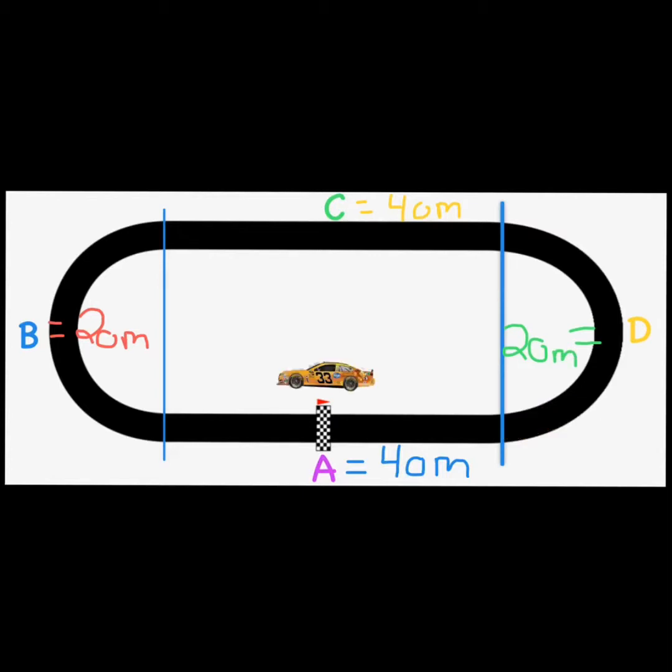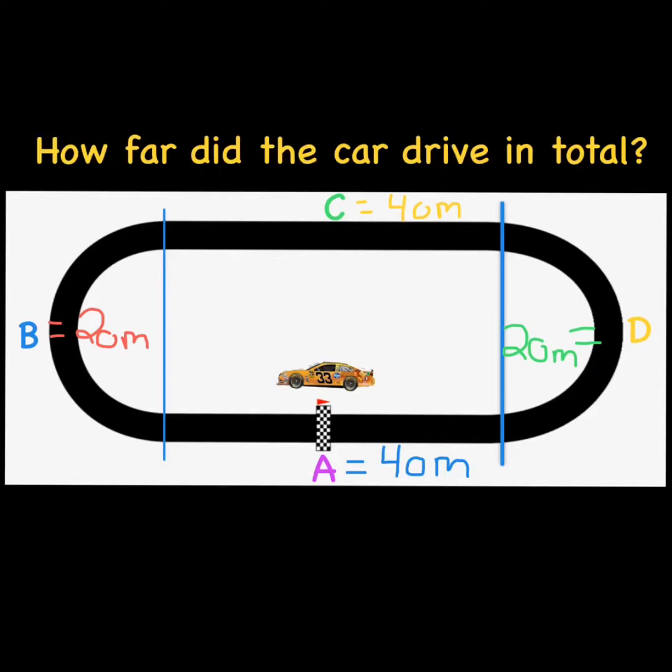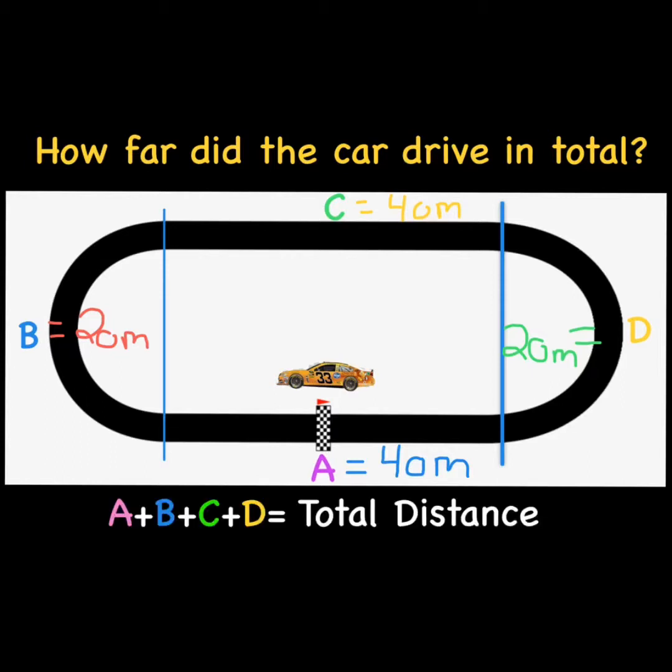So then the question is, how far did the car drive in total? In order to figure that out, we need to add up all four sections of the race. Section A, Section B, Section C, and Section D. That will tell us how far around the track in total the car drove.